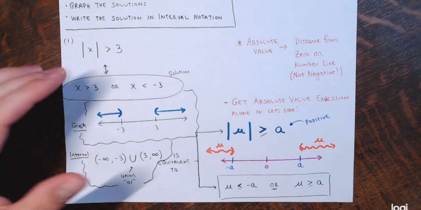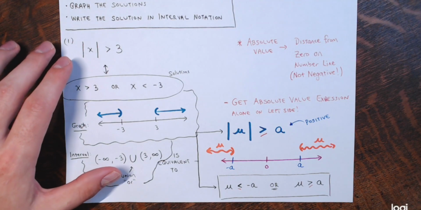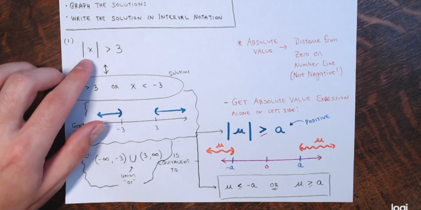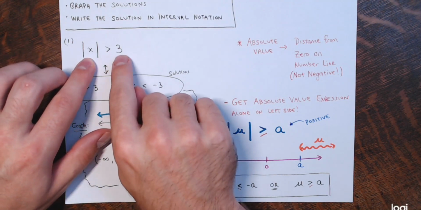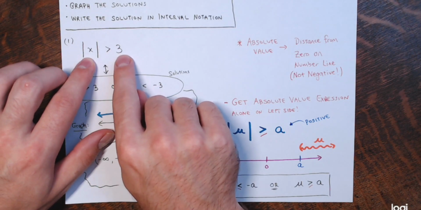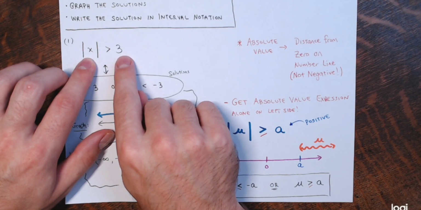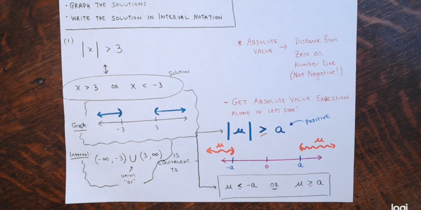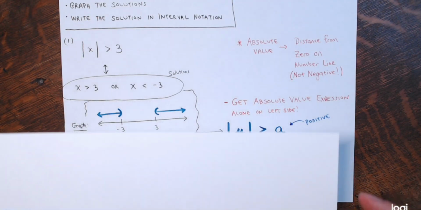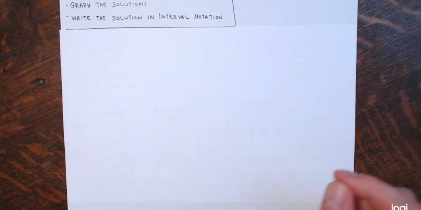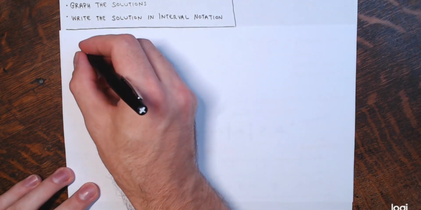Now, this was an example with absolute value on the left, positive number on the right. What if that number isn't positive, though? All right, I'll show you. Now, this is not from the textbook. This is just another example I'm making up here, just to show you what happens. So, separate example.